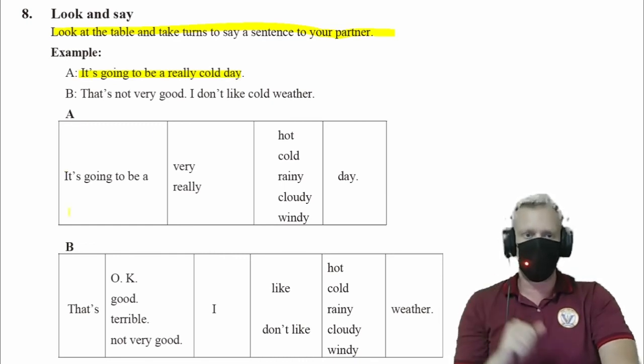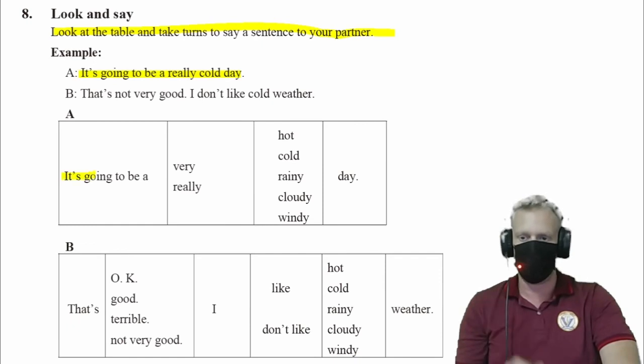Okay, so what you have to do is, first you have to read the sentence in block 1. It's going to be a, and then you choose very and then hot day, or you can say it's going to be a very rainy day, it's going to be a very windy day.